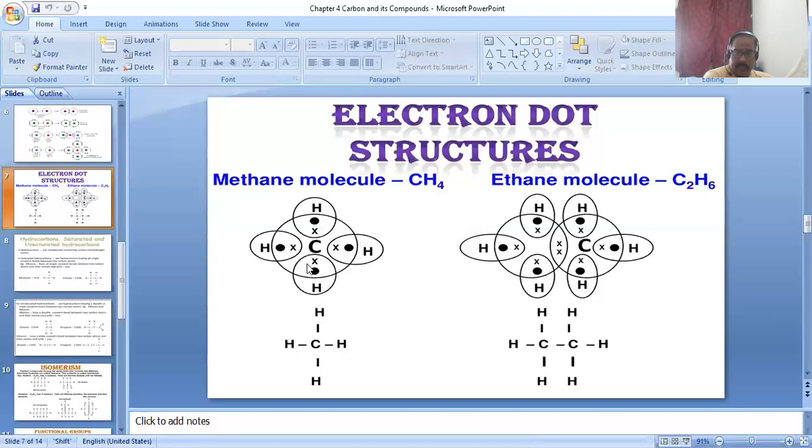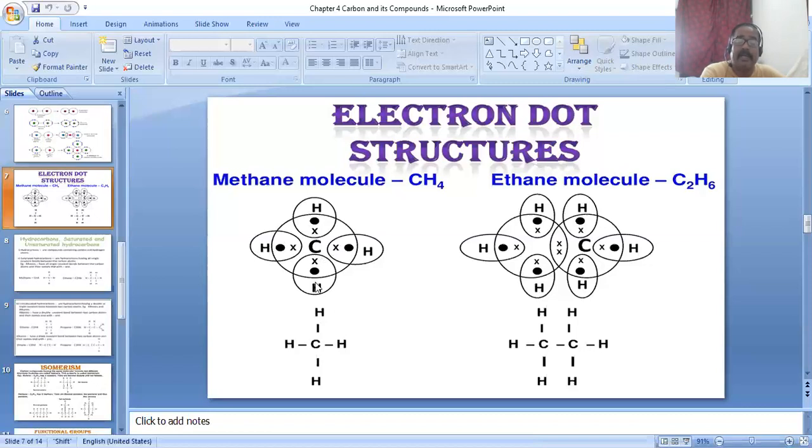When we fill hydrogen's orbit, it has 2 electrons, and the 4th hydrogen is the same as usual. But when we look at the carbon side, the maximum number of electrons is 8. Carbon's own electrons are 4, 1, 2, 3 and 4, and the 4 hydrogens share 4 electrons. So the total 4 and 4 is 8, like that, 1, 2, 3, 4, 5, 6, 7, 8.